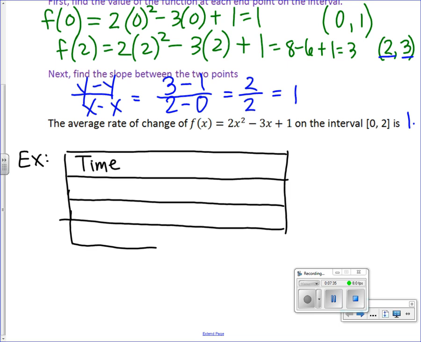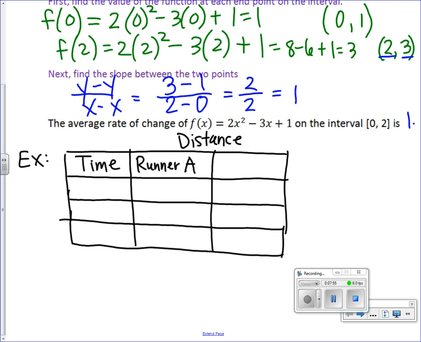I'm sorry, 4 rows, not 3 rows. So 3 by 4. So we need the time, and then we're going to have runner A's distance. So this will be the distance of each runner. And this will be runner B.